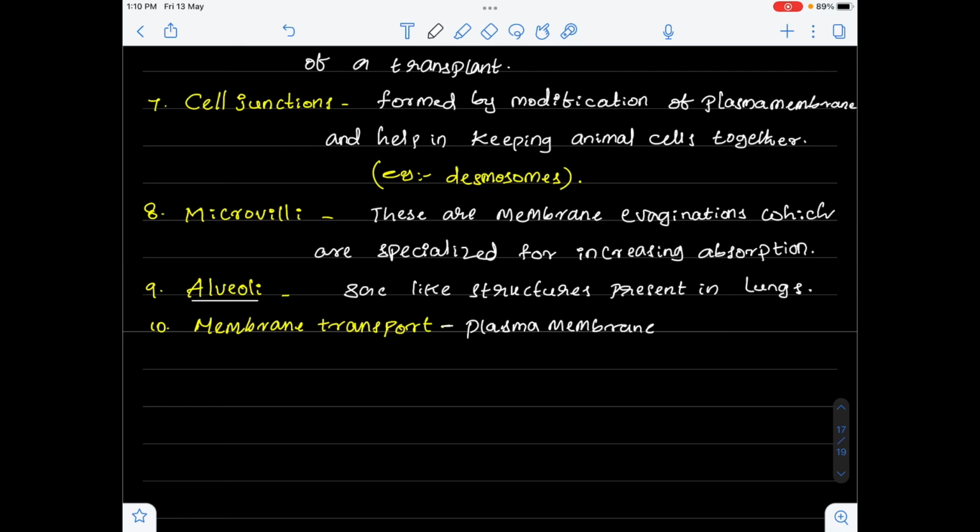It also prevents movement of some other materials. Therefore, the plasma membrane is called a selectively permeable membrane.